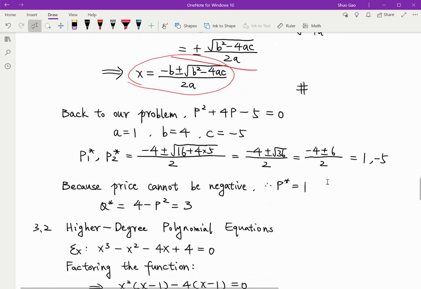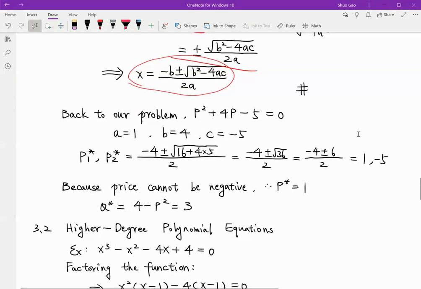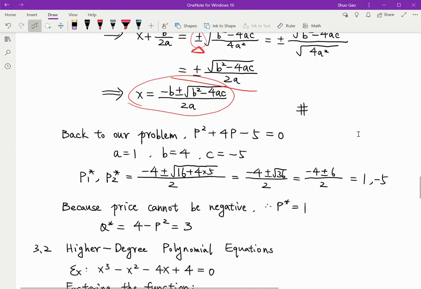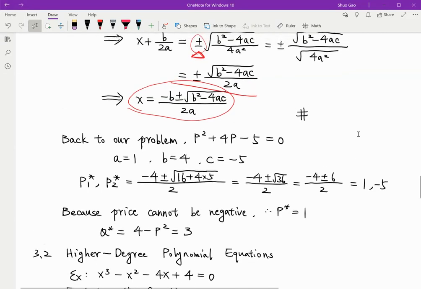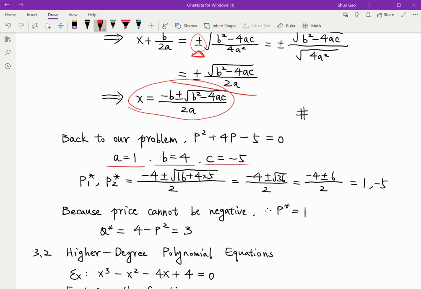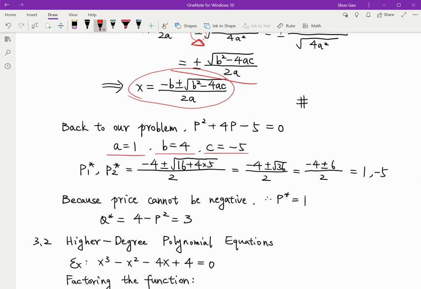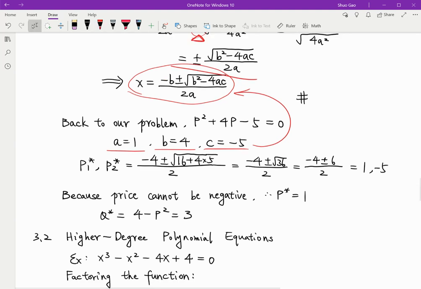So back to our problem, p squared plus 4p minus 5 equals 0. In this example, a equals 1, b is 4, c is minus 5. All we need to do is plug the three numbers into the general formula to find the two roots. So here the two roots are p1 star and p2 star.